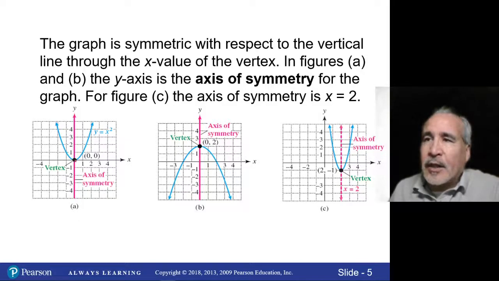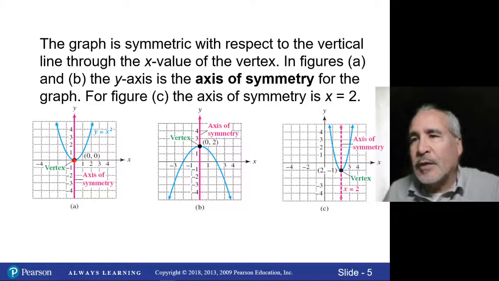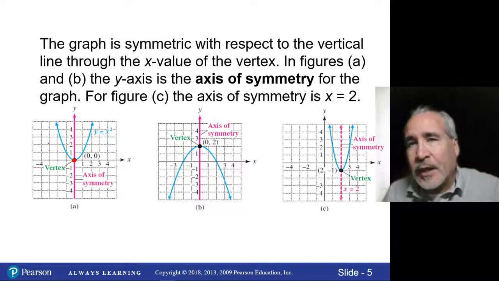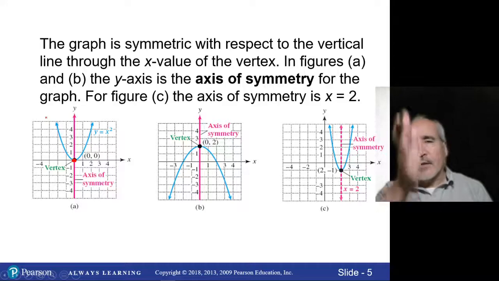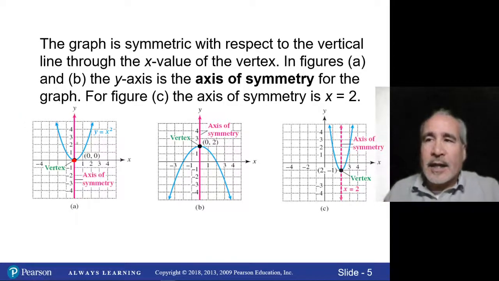This one has a low point right here. The vertex is the lowest point. The additional thing you'll notice is that, the way quadratics are, x squareds are symmetrical on both sides. So you cut them in half, and the left side and the right side are identical reflections of each other.